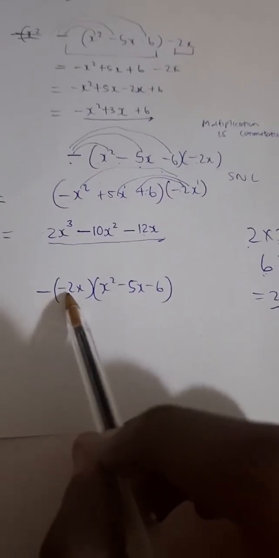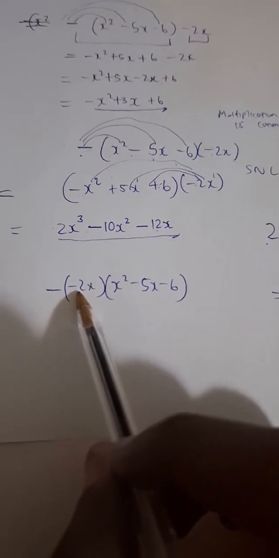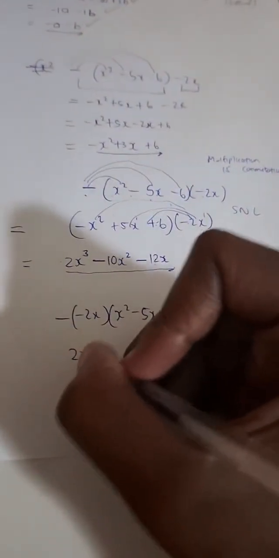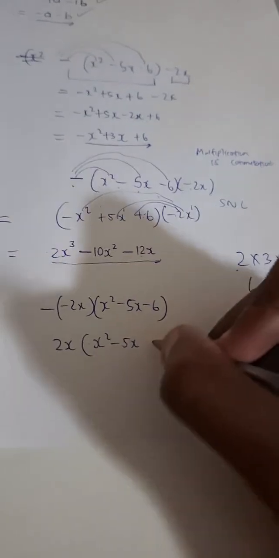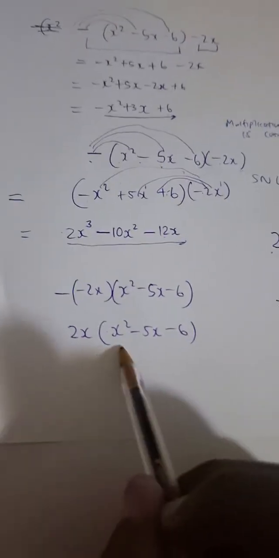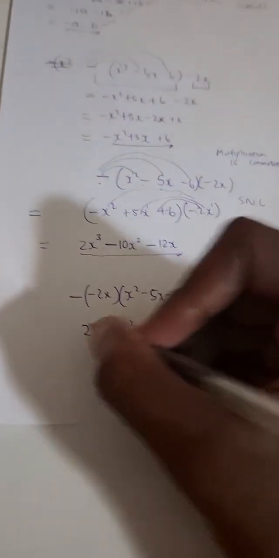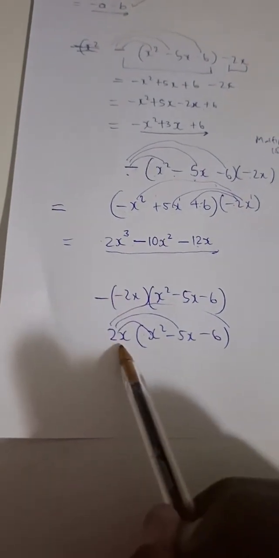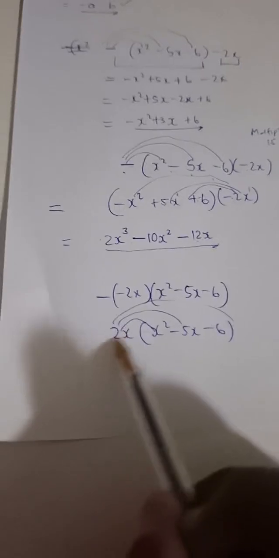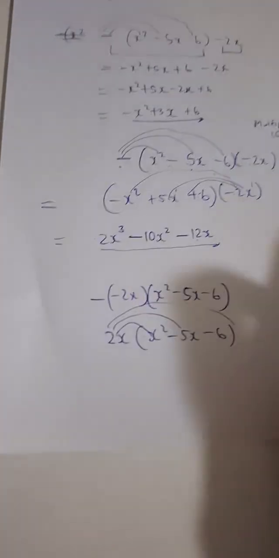Then we could say negative 2 times this negative 2x. That gives me positive 2x. And then all I need to do is distribute the what? The 2x to the trinomial. And that makes life very easy because all I did is I first said negative times negative 2x, that gives me positive 2x. And then after that, I can take this 2x and distribute it to the 3 terms.